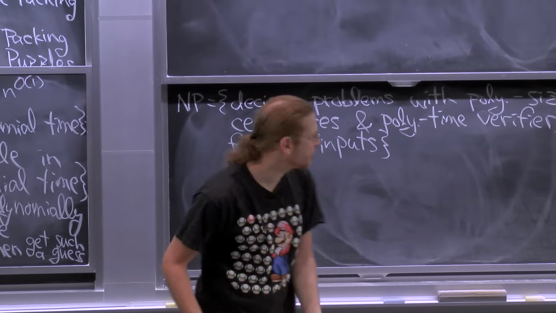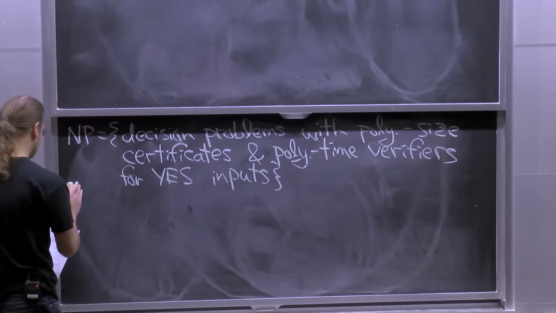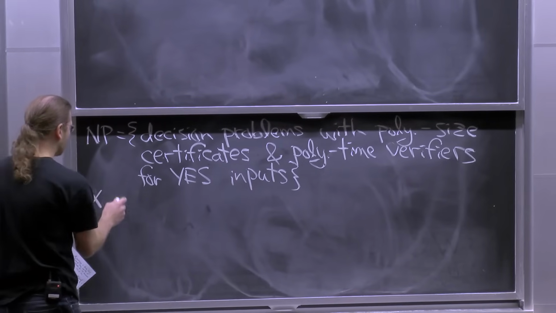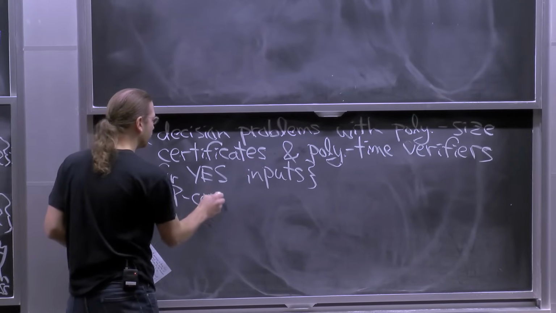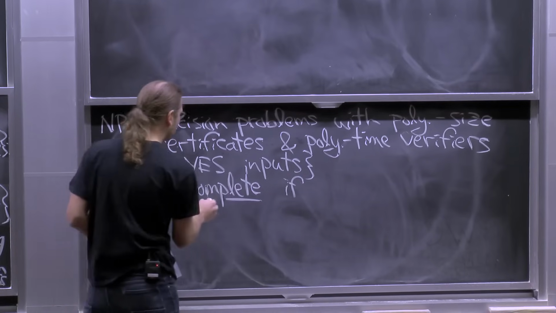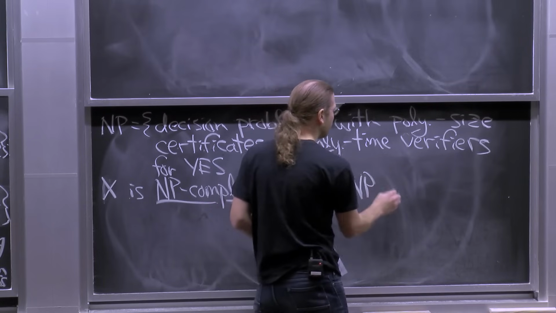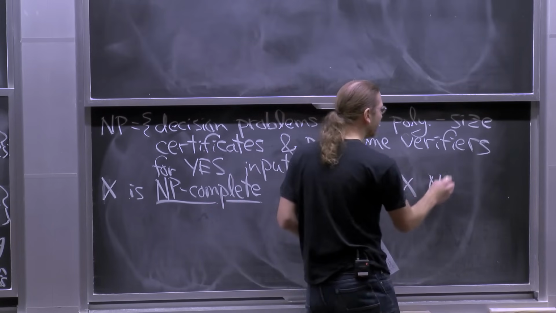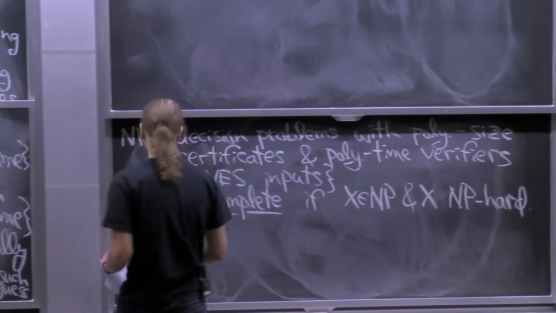So let me go to NP-completeness. If I have a problem x, it's NP-complete if x is in NP and x is NP-hard. But I haven't told you what NP-hard is.